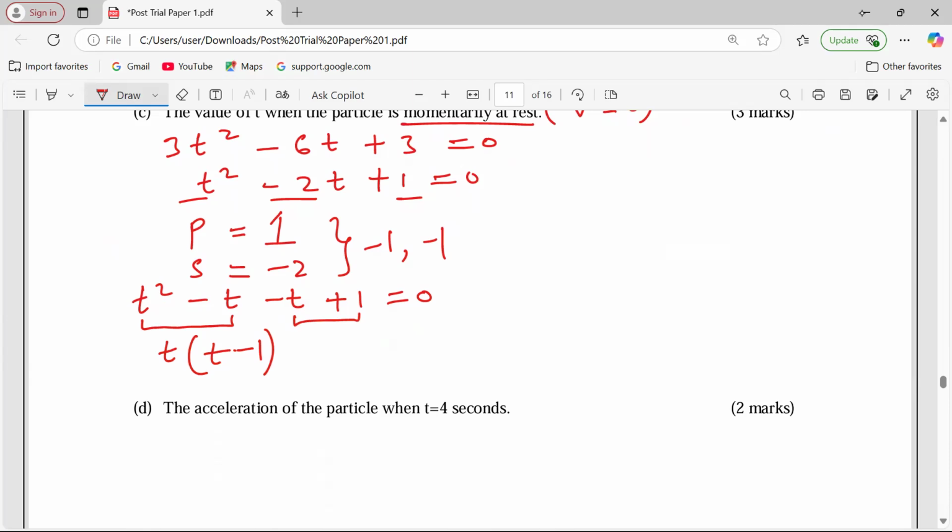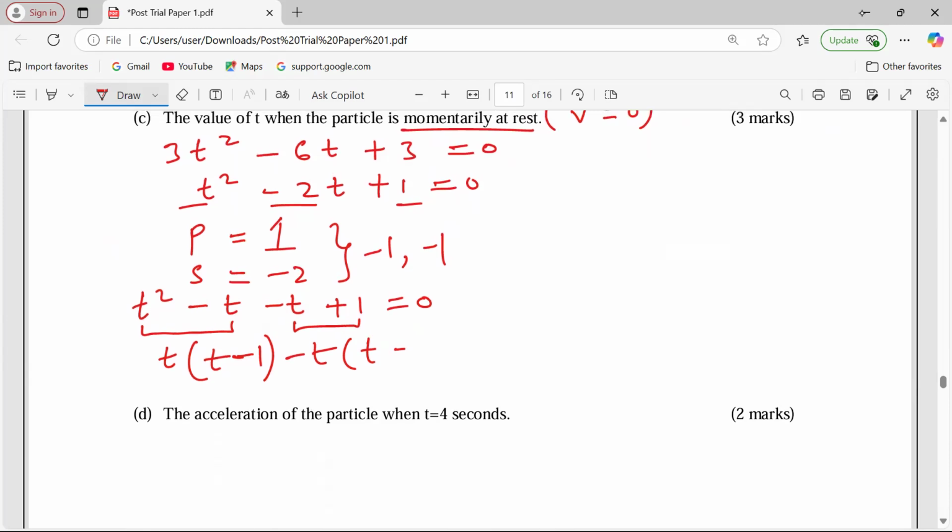Then in the last two, we factor out negative 1, since we can't factor out t in such a case. So that we remain with t minus 1. That way, this is equal to 0.